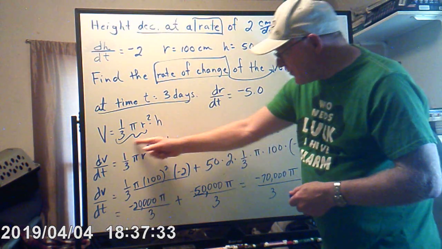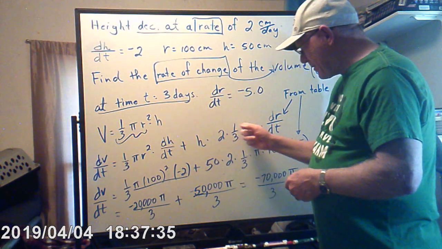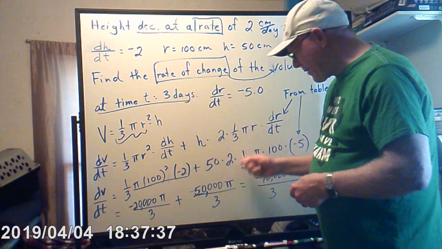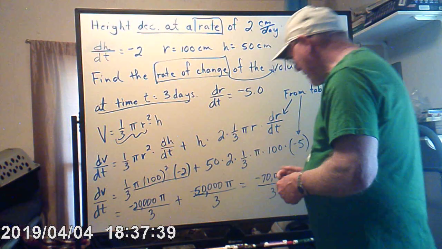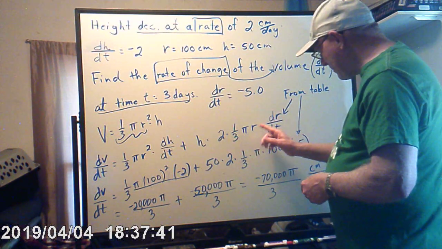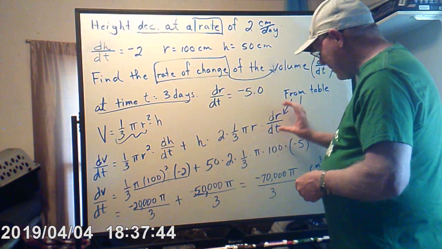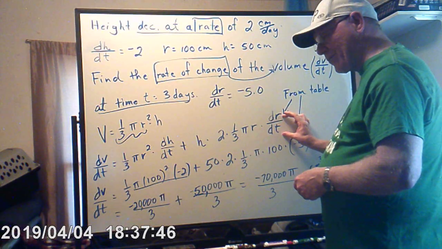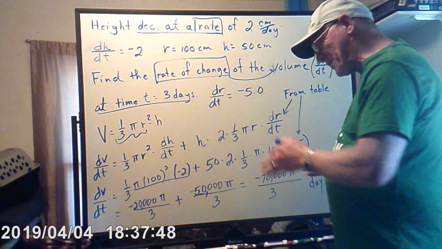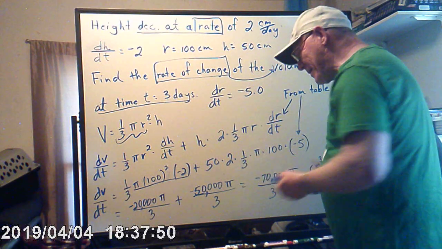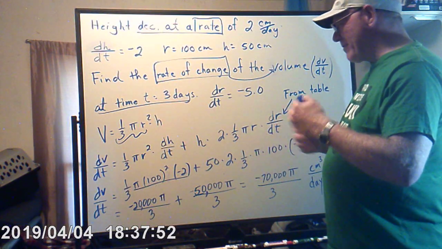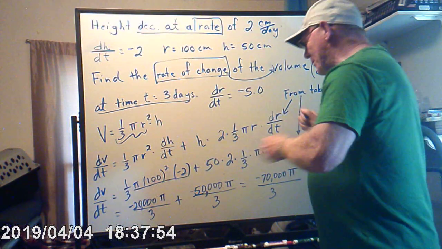The 2 comes in front. I could have done 2 times 1/3 and made that 2/3 right off the bat, but that's okay. And then when you get down to r, you've got to tack that dr over dt down there. Just don't forget, these are little bitty nuances that you just got to remember. You got to get this from the table here.